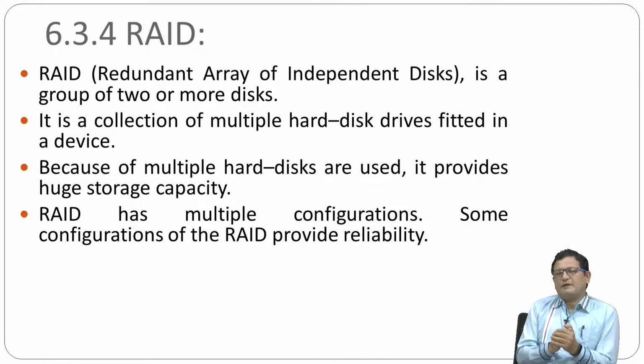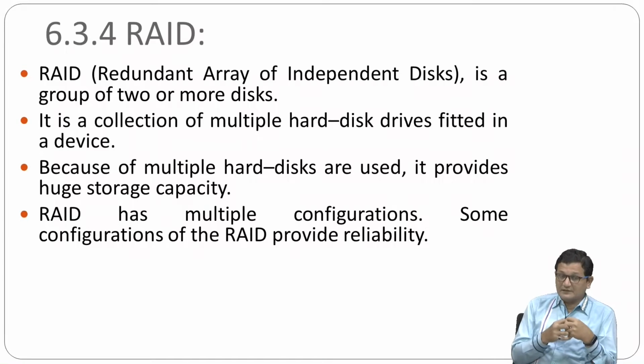By doing this, we can increase the reliability of the device, right? And reliability is most important, because everybody is storing a lot of data, and obviously we store that data on the hard disk. Now just think, suppose the hard disk is not working, in that case what do we have to do?